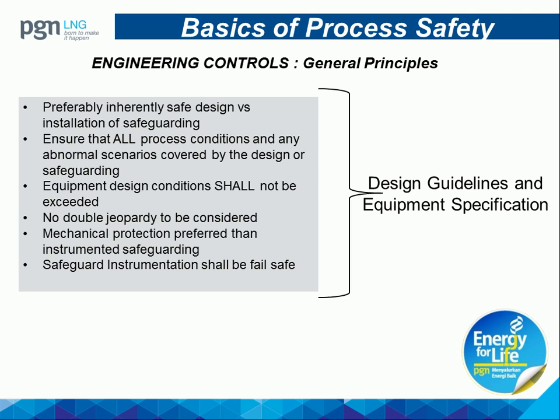The next one is that mechanical protection is preferred over instrumented safeguarding. Why? Because the integrity level of mechanical protection is normally higher than instrumented safeguarding. And the last, but not least, is that if we install safeguard instrumentation, it needs to be fail safe in any case.